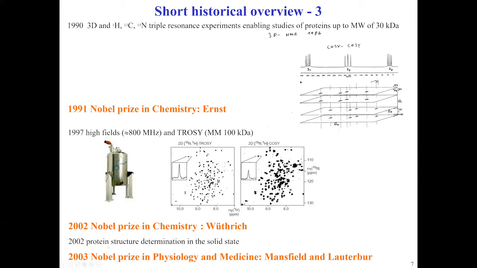And solid state, I have a little example: nowadays, of course, you have proteins that you cannot dissolve. It's not a matter of being able to afford to make them, but they are not soluble, like amyloid plaques or some membrane proteins. They don't dissolve in water, so you have to do something.